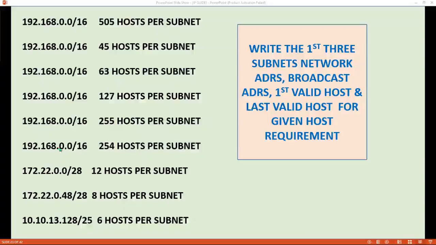It's not going to increase on the last or third octet. Okay, that you need to remember. Then after finding the multiplier, simply you can write the networks or the subnets by increasing by the multiplier. Okay, so these are the things you need to know. Then we'll move on to the next type of questions.